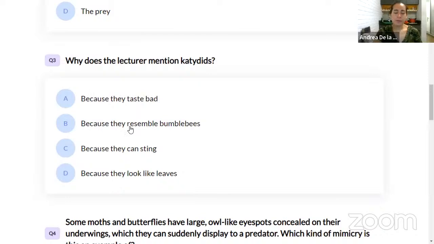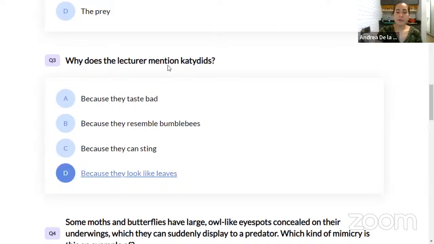Some species of flies resembled bumblebees, right? Because bumblebees can sting and they want to appear dangerous to their prey. And I think that was Mullerian mimicry. C is also Mullerian mimicry, but I think I'm going to go with Henry on this one, and it'll be D because they look like leaves.